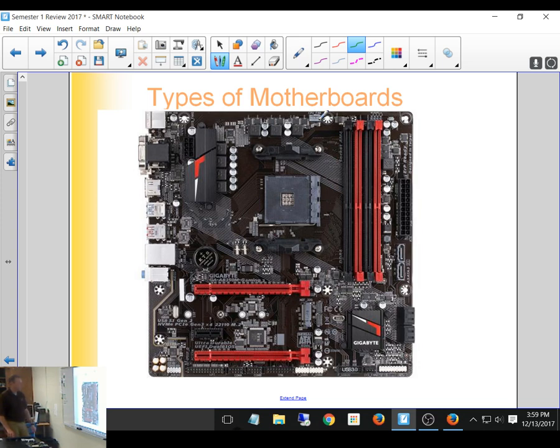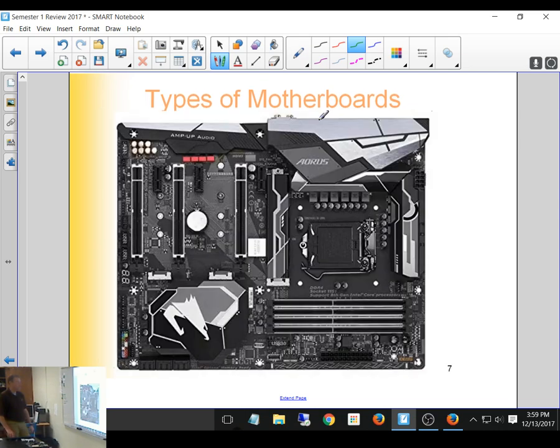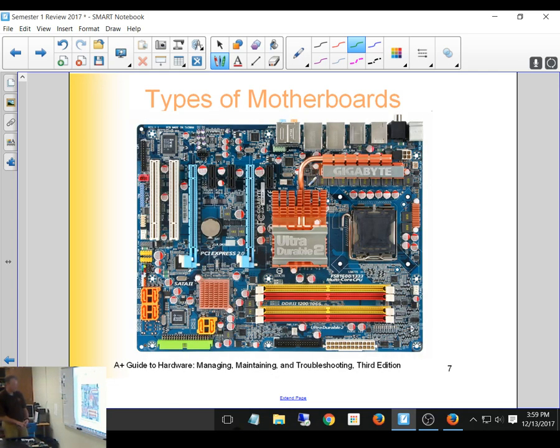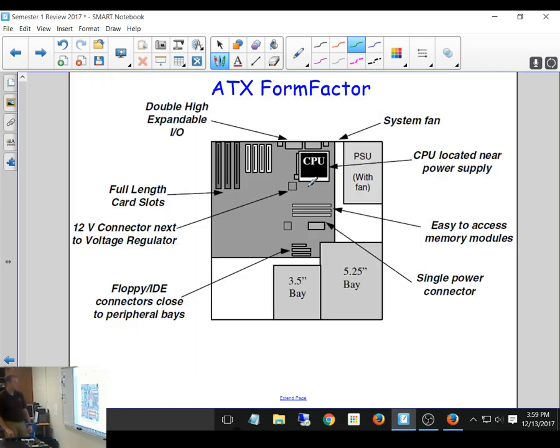I can look at the different kind of expansion slots available to me and whether this one might fall into a specific category. And then same thing here with our other CPU manufacturer, realizing that CPU manufacturers are not the same as motherboard manufacturers. I just lost my picture there somehow.